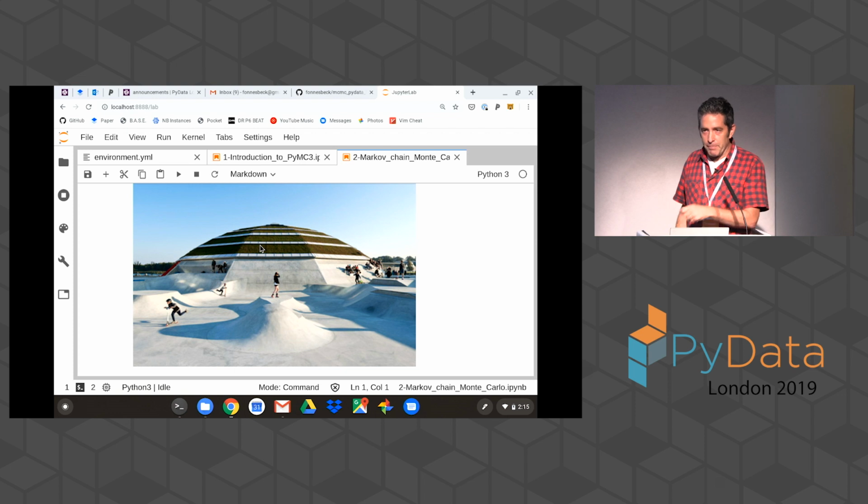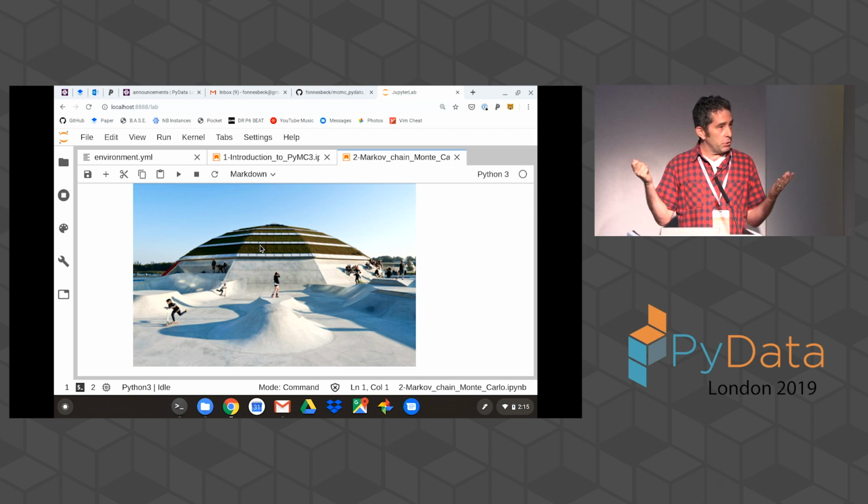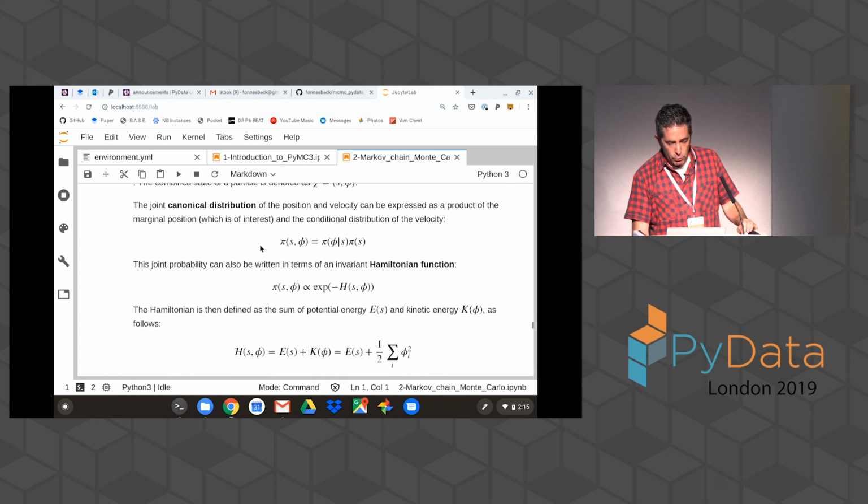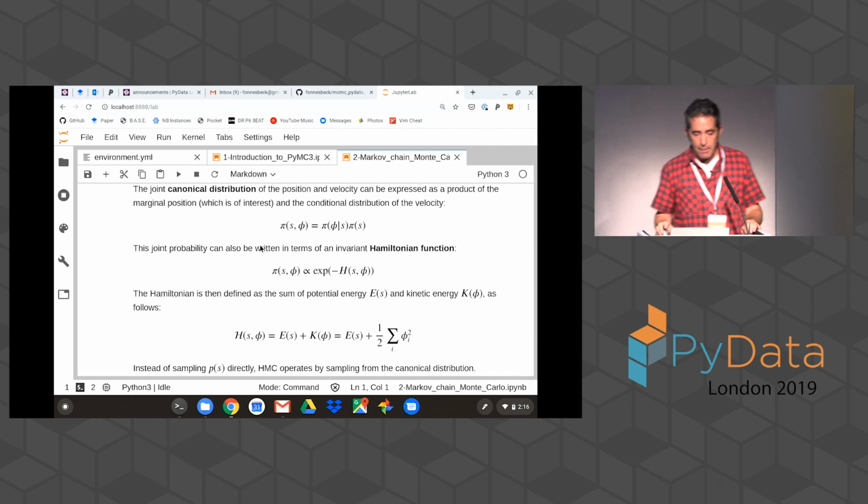And then you're going to push the skateboarder again, and they're going to weave around and stop at some point, and that'll be your next point. And so you're going to get samples from your posterior distribution, going to places with high or low probability by simply climbing gradients. So that's the idea here. We're going to simulate Hamiltonian dynamics.